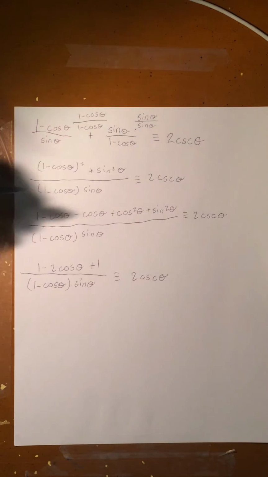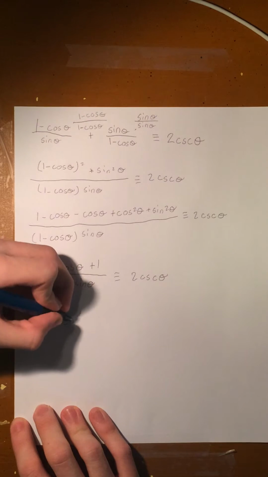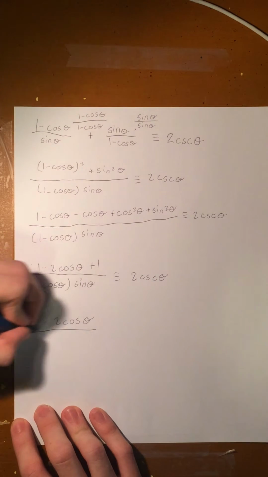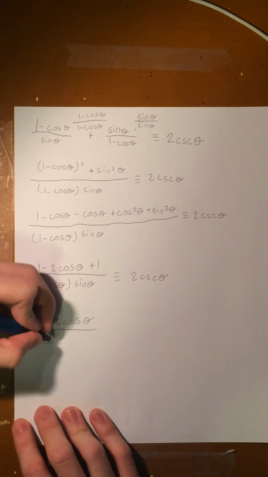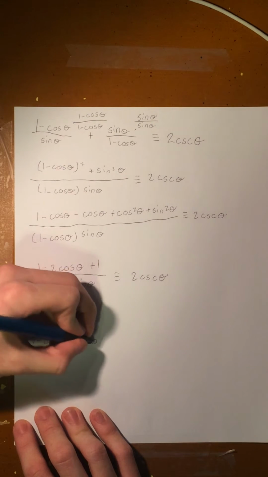Okay, now we add the ones, and we get 2 minus 2 cosine of theta all over (1 minus cosine of theta) times sine of theta.